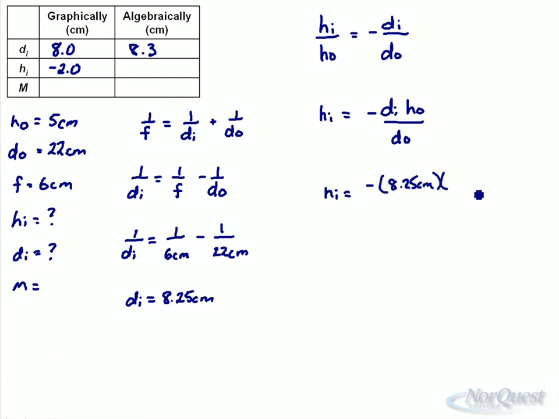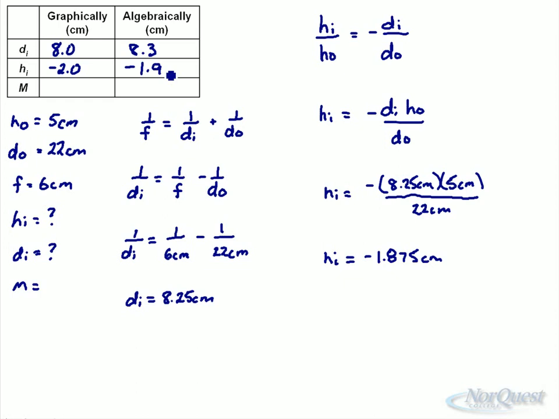Height of the object was 5 centimeters. Distance to the object, 22 centimeters. Punch that in on your calculator, and you get 8.25 times 5 divided by 22, and you get negative 1.875, which should make sense because we know that the object was inverted. So we should get a negative height for the image, and it's again fairly close to 2 sig digs, negative 1.9.